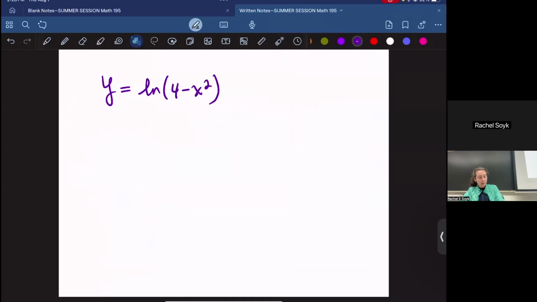We want to make sure that what's in these parentheses has to be greater than 0. So 4 minus x squared is greater than 0 to find the domain.